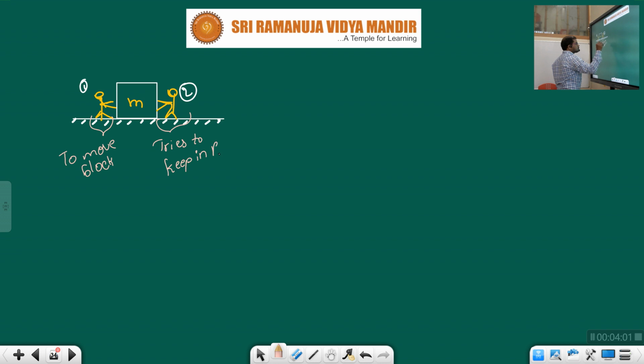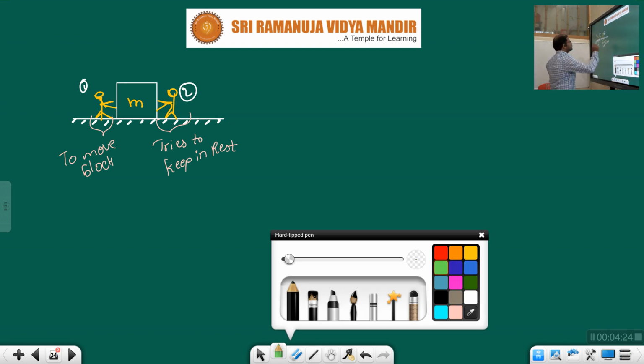He tries to keep the block in rest condition. Understood, children? One block is there, and on either side of the block two persons are standing and exerting some force on it. The first person applies a force and tries to move the block. Let us consider that force as capital F.